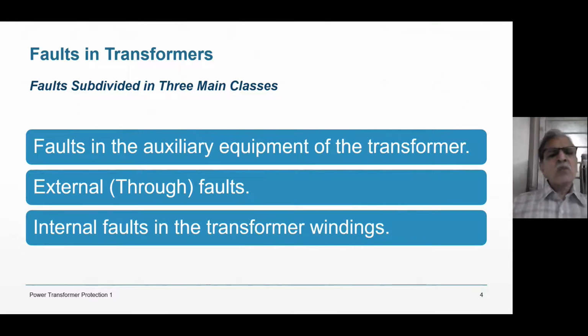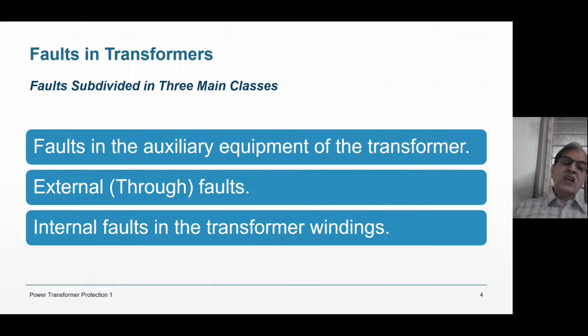So such minor faults are usually sounding alarm. They do not cause trip. Some such minor faults cause trip also, but rarely. Mostly they sound an alarm, so that you come to know that some incipient or minor fault has occurred, and you may attend to that, right?